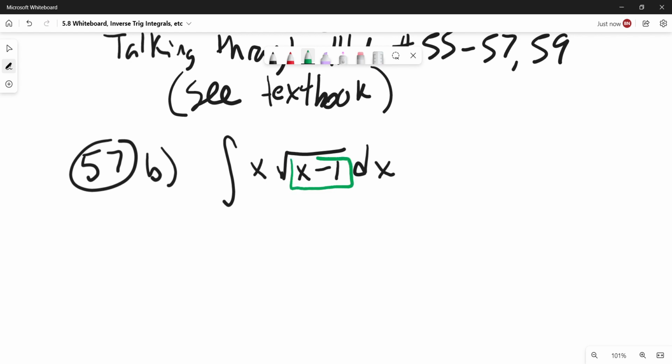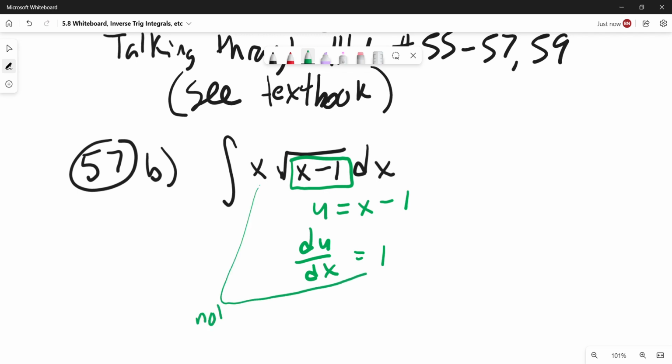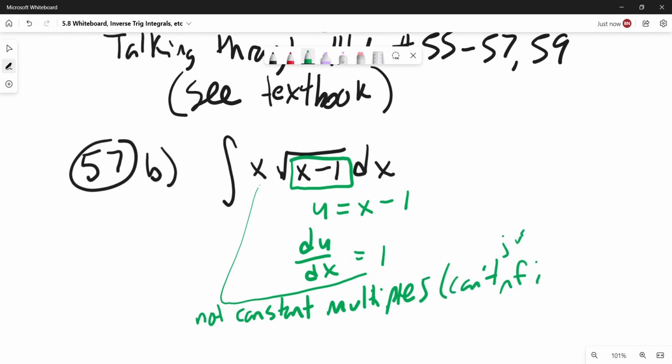If you tried to make this your u, then your du dx would be 1, so these are not constant multiples. Can't just fit the form, meaning if something's going to work, it's going to have to be formal u substitution.